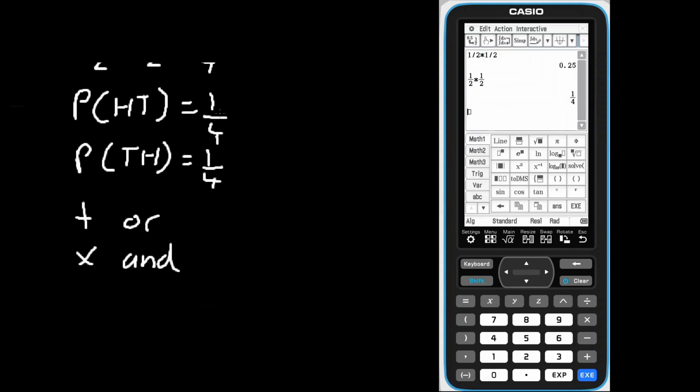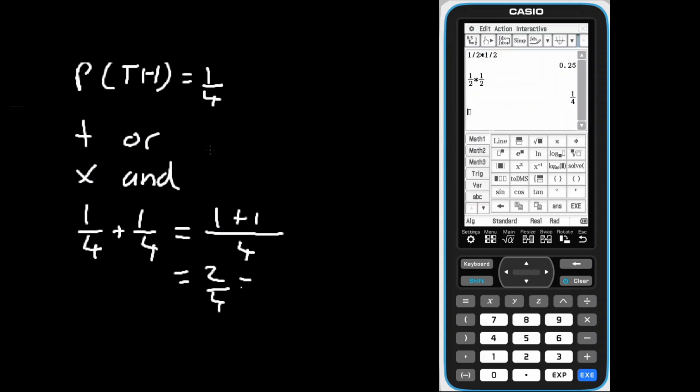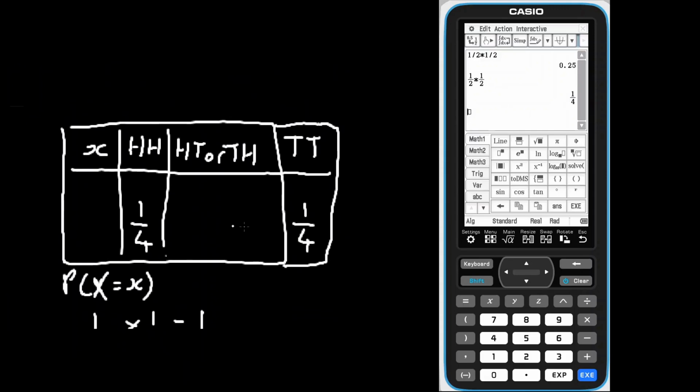Okay, and so when we add them together, let's say you're not particularly good at fractions, so 1/4 plus 1/4, they have the same denominator. So they can split across, and it becomes 1 plus 1, which is going to be 2 divided by 4, and that is equal to 1/2. But you've got a calculator, right? So let's figure out another way of calculating that, and that is that all of the probabilities have to add up to 100%.